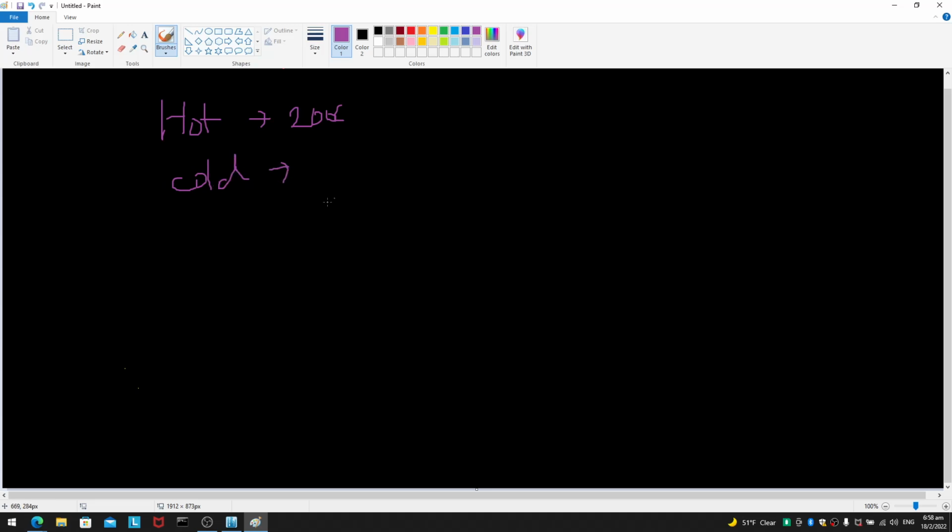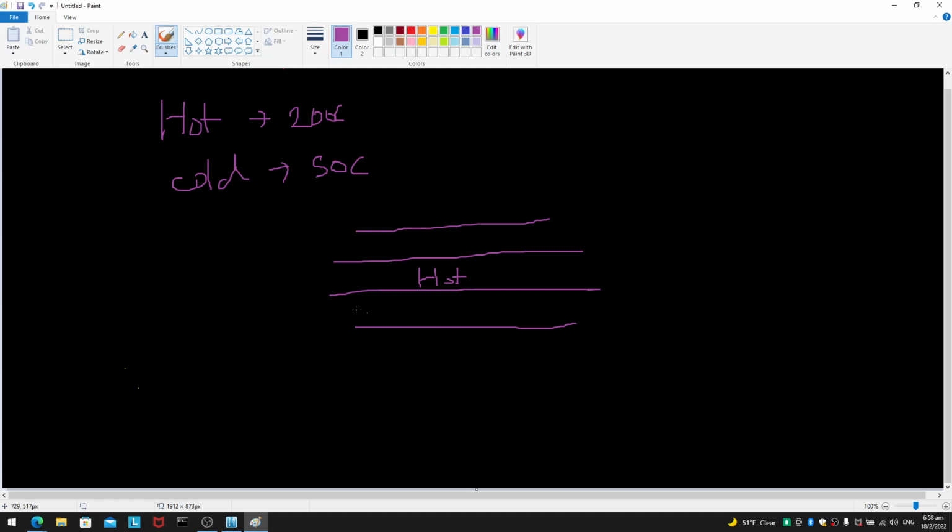Maybe the average of the hot and cold temperature is 50 degrees C. So you want it such that the hot will be in the tube, the cold will be in the shell, and then ambient is outside. So ambient, maybe it's 25, 70, or maybe we have 50, 200.